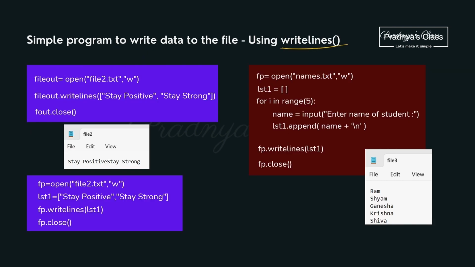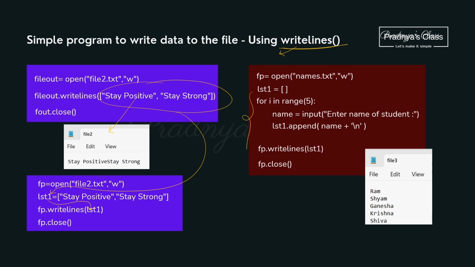Now let's apply the writelines function to write data to the file. The writelines function takes the data in the form of a list. So you can directly write the list here. As you type, it will get stored in the file. If you don't want to write the list directly in the function, take it in a variable, and that you can specify in the writelines function.